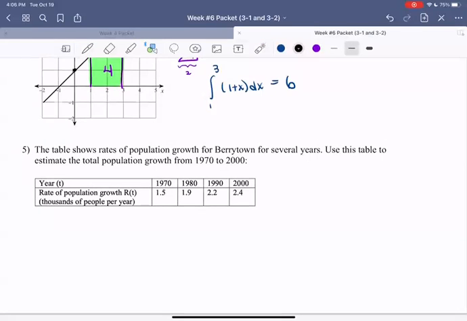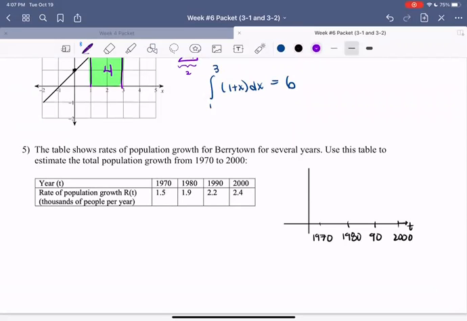It's as if we're graphing a function where we have time on the horizontal axis. We can even plot some points here. Let's say this is 1970, 1980, 1990, and 2000.